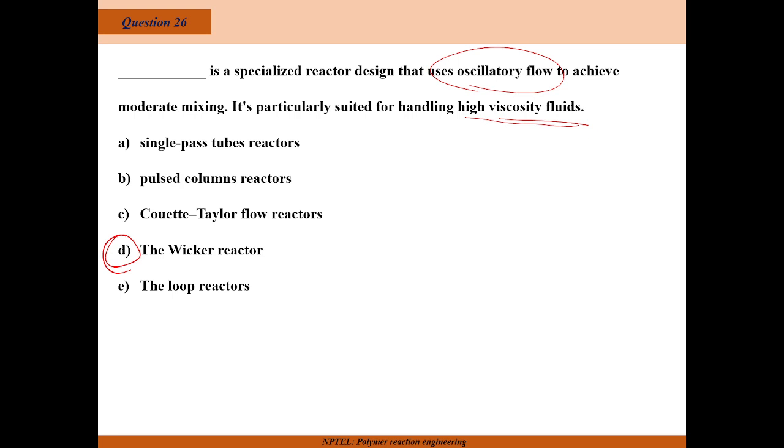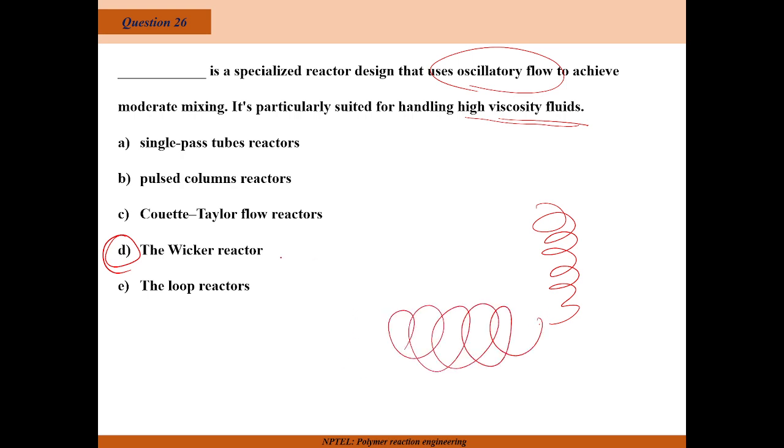Then comes the Wicker reactor. Here the major property is this oscillatory flow, and it is useful for high viscosity fluids. And the loop reactor, since there are multiple loops associated, has loops of different sizes, and that helps in better heat dissipation.